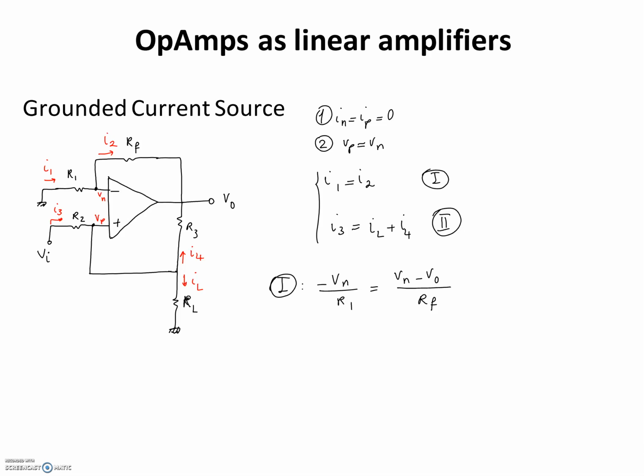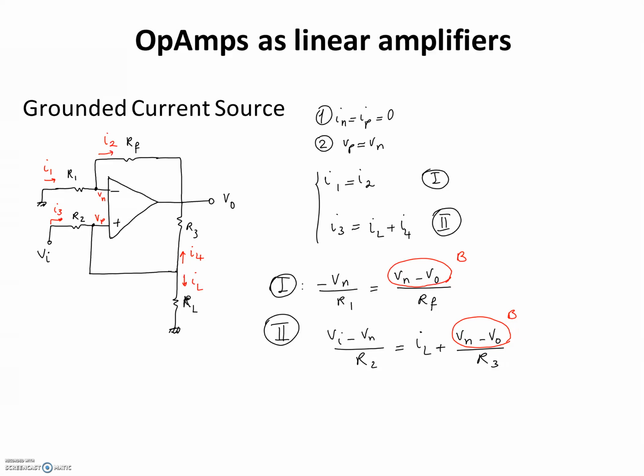Now from equation 2, I have Vi minus Vn divided by R2 is equal to IL plus Vn minus Vout divided by R3. So let's define a dummy variable B, and let's say Vn minus Vout is equal to B, and the same goes here. It's going to help us simplify, or organize our calculations.